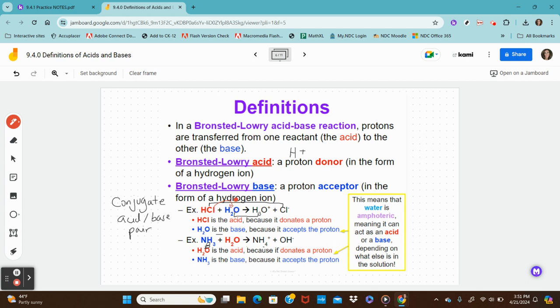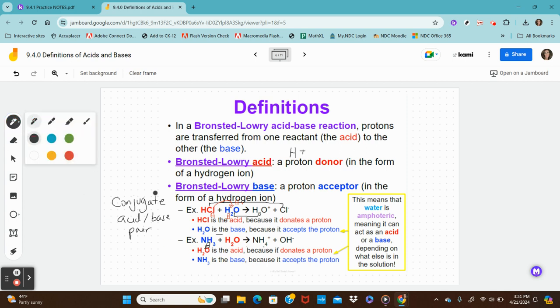So it's going to give its proton to this water, and you can see water now is hydronium on this side. So this is the acid in this case. Now water is going to be the base because it's accepting. So this is how we can figure out who's accepting and who's donating, based on looking from left to right.